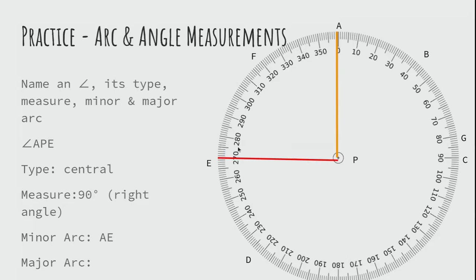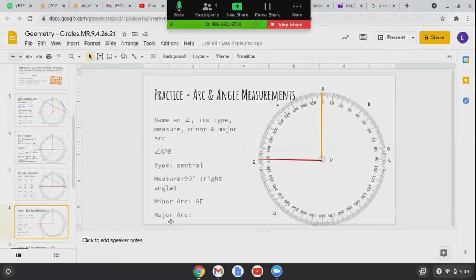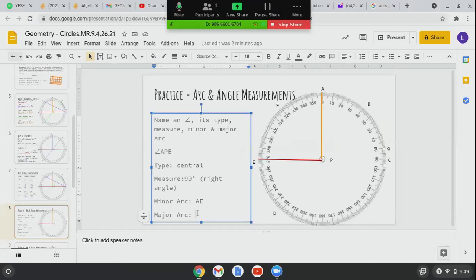So, the major arc, we start at the same place. We are starting at A, but we are going to pick up B on our way to E. So, the major and minor arcs start and stop at the same place. The difference is the letter in the middle of the major arc tells you your direction.